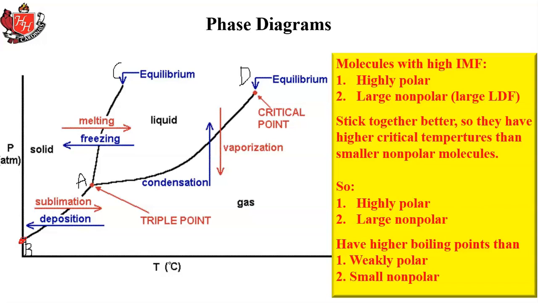So in other words, you can raise something with strong intermolecular forces to a higher temperature and keep it as a liquid before it breaks apart into a gas. So highly polar and large molecules have higher boiling points than weakly polar and small nonpolar molecules. So just remember those relationships.